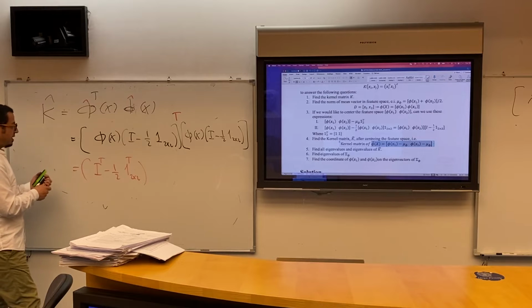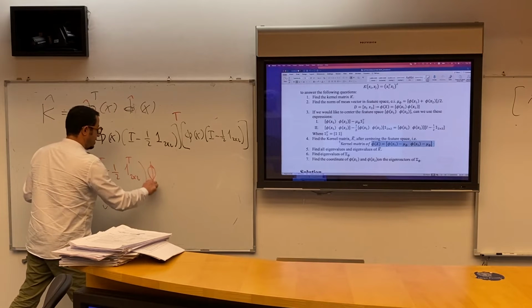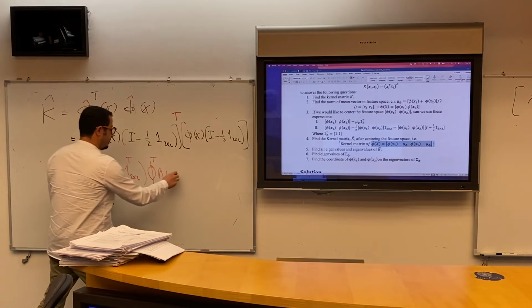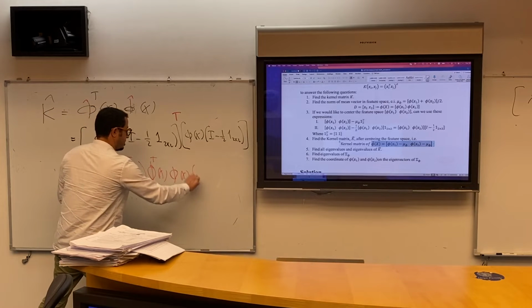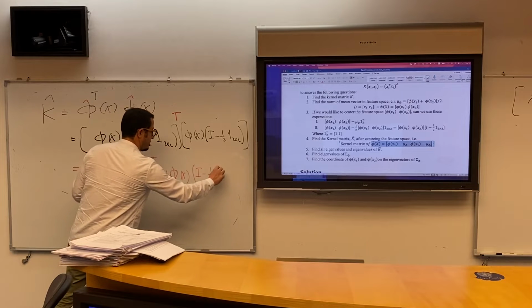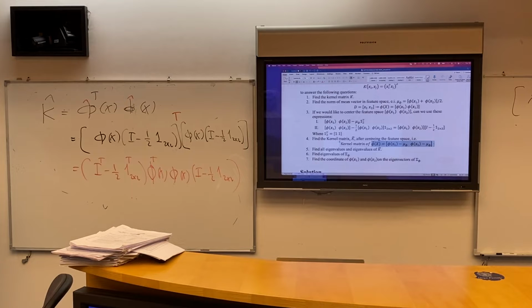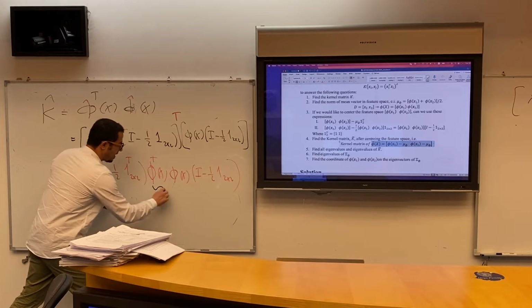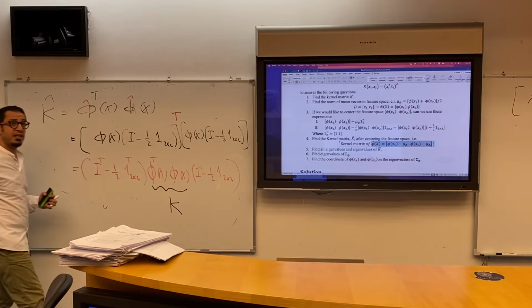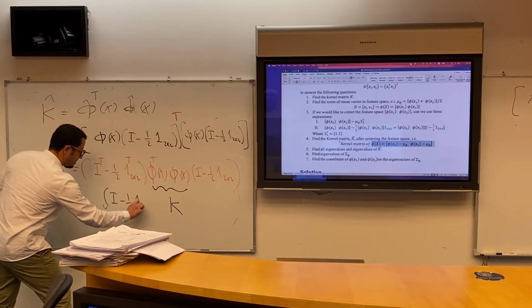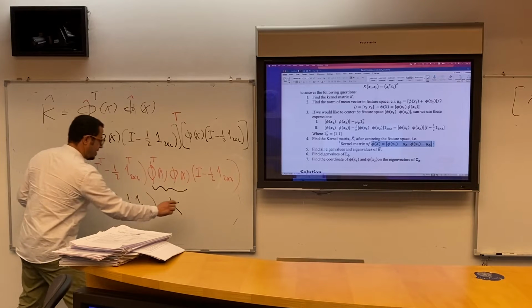Phi of x transposed is still the same, I will not touch it. Clear now? This one is just K. I transpose, the same, times itself.